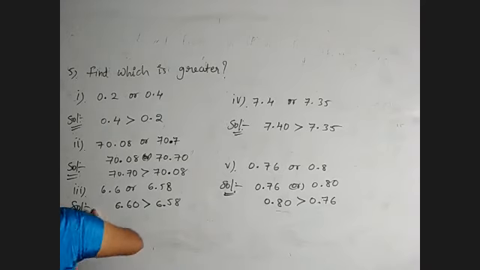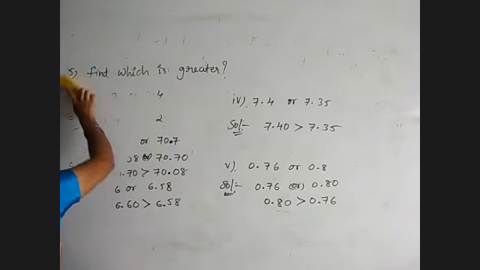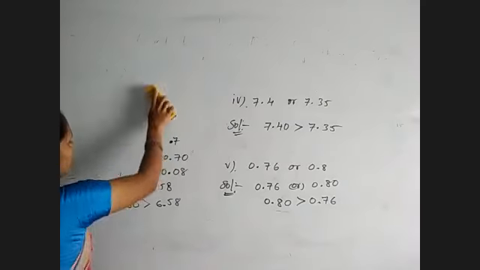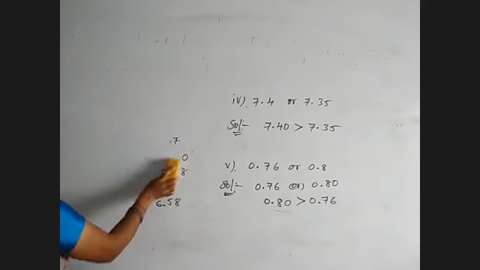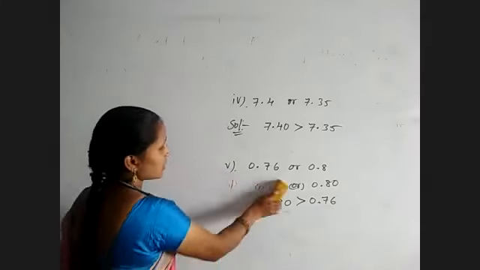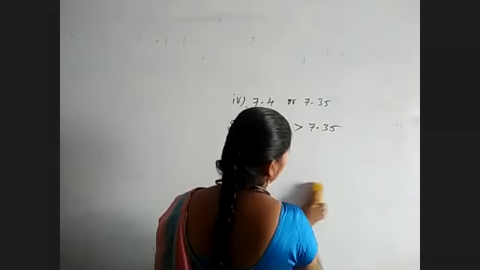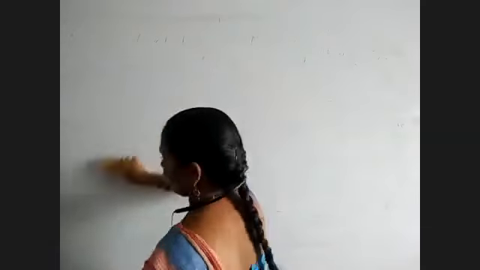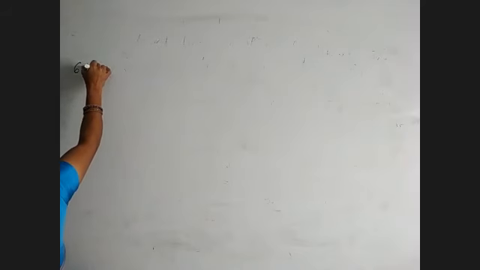Now coming to the next question. So all these questions are from exercise 7.4 only. Write it in ascending order.